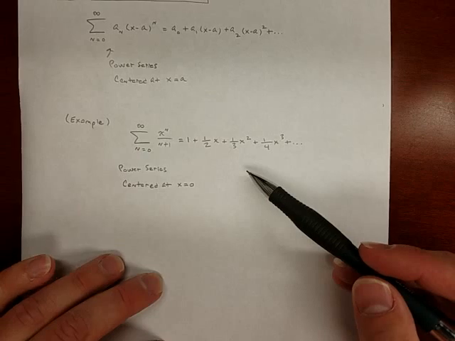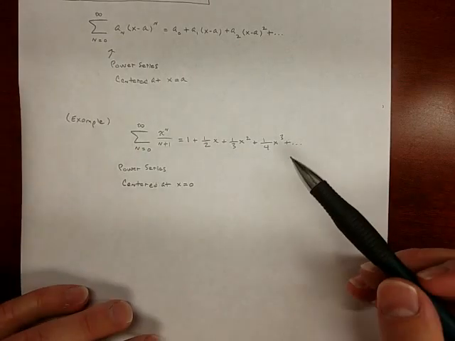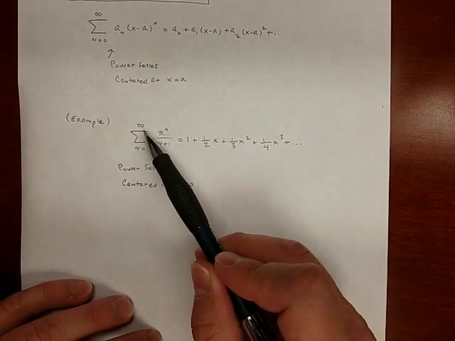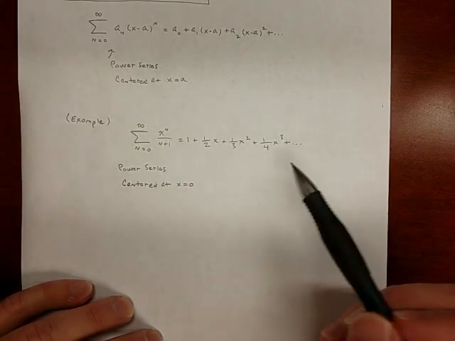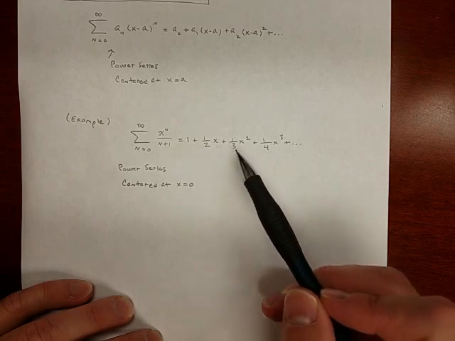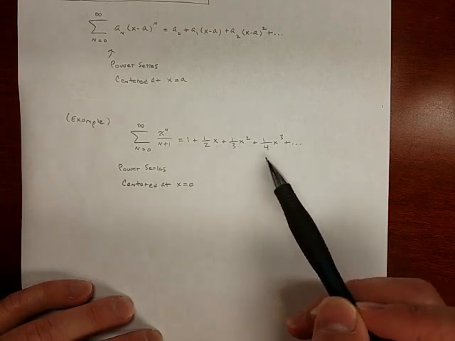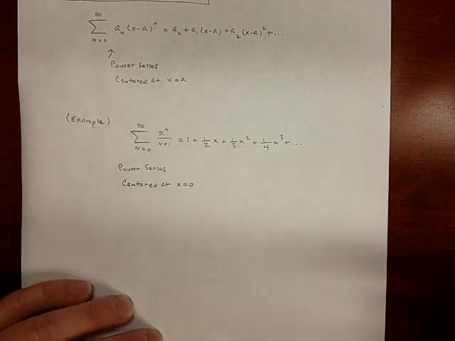Now, a power series is an infinite series, and what we could wonder about any infinite series is, does the series converge? Meaning, if you were to add and add and add, would your partial sums get closer and closer to something?